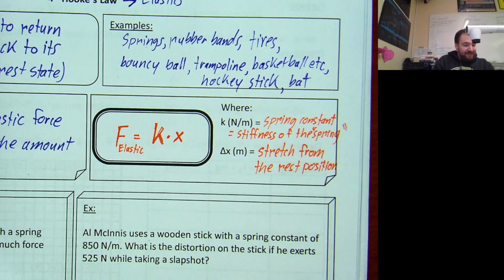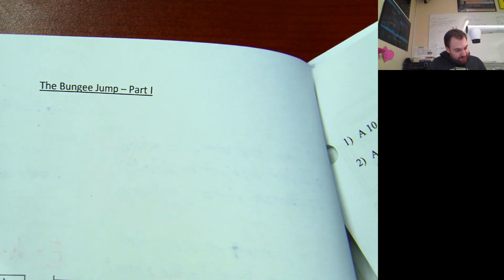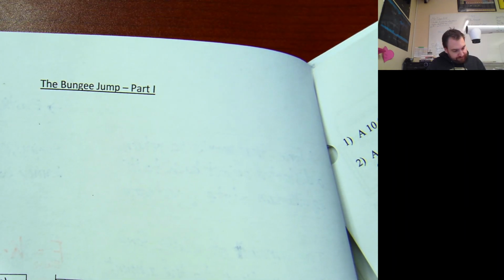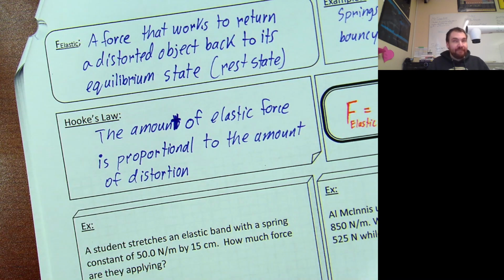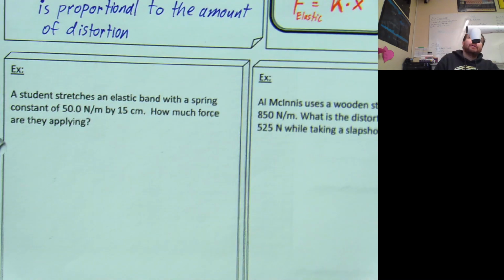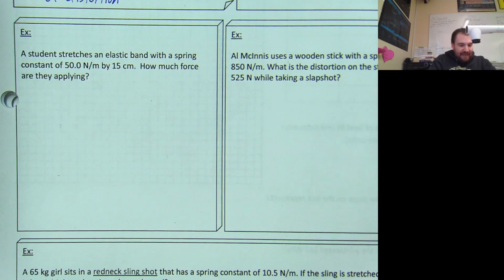So let's do a couple examples, and then we're actually going to get you guys, we're not going to actually bungee the thing. Actually, no, we totally are. We'll see. We're going to do a lab. Here we go. A student stretches an elastic band with a spring constant of 50 newtons per meter by 15 centimeters.